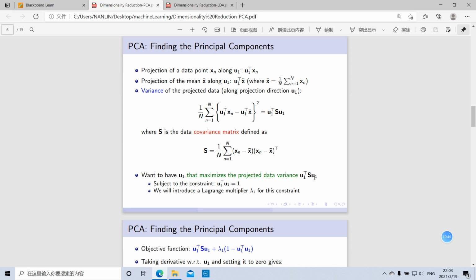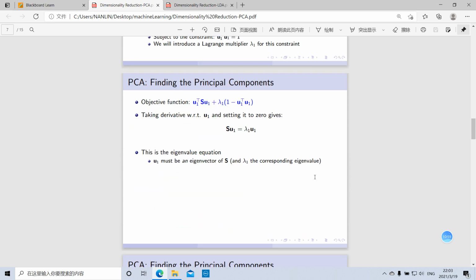And we also introduce a multiplier. You can consider it a weight for this constraint. This is the objective function.